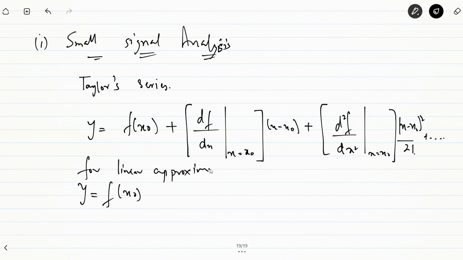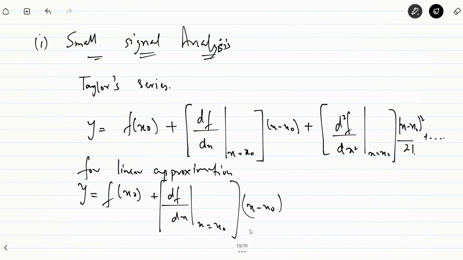That means हमारा जो output होगा, that will be actually now f of x naught plus df by dx, while x tends to x naught, times x minus x naught. Fine. So हमारे पास जो भी equation होगी, we will be finding out its Taylor series using the first two terms only, and a linear approximation can be obtained from that.